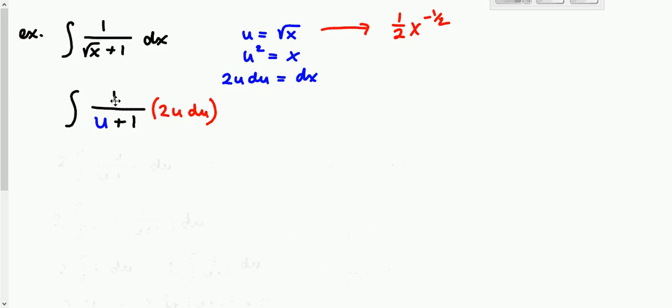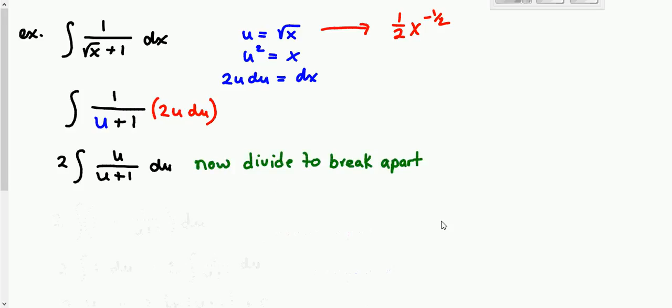So we have our integral. We have the 1 that stayed on top, the plus 1 that came from up there. Square root of x turns into u, and dx right here turns into 2u du. Okay. So now I'm going to take this 2 and put it out front so that we have this. And what we need to do, again, like a couple examples ago, we divided to break it apart.